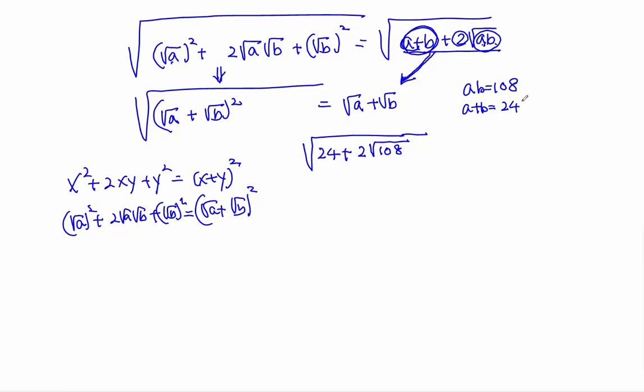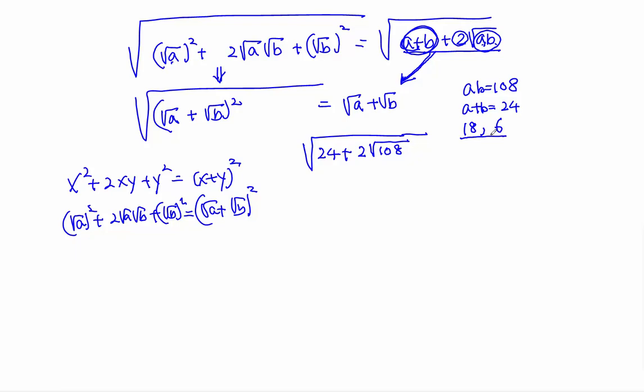Can you find two numbers? Maybe 18 and 6, isn't it? 18 times 6 is what? 108. A plus B is what? 24. That's true, we have two numbers over here.